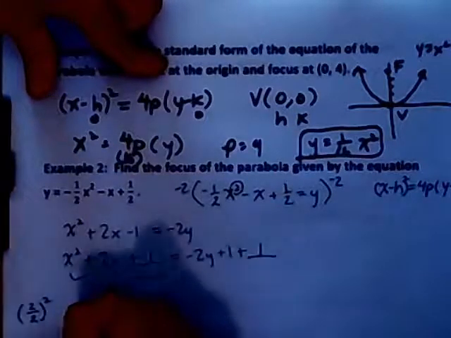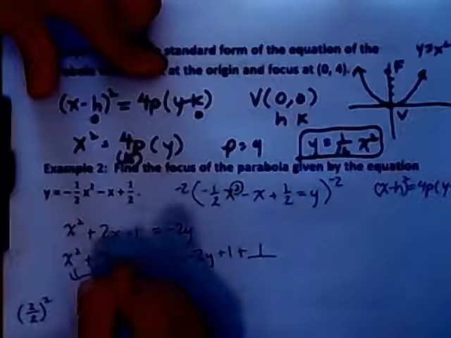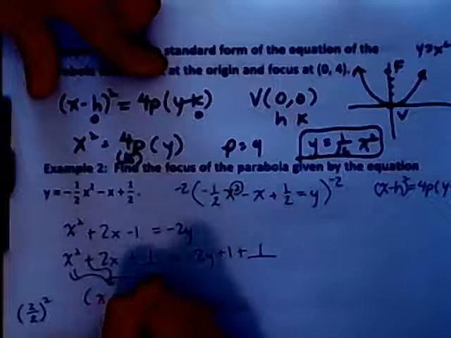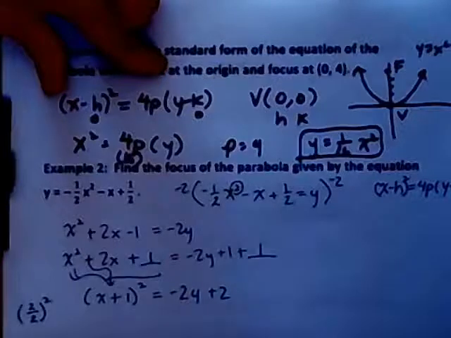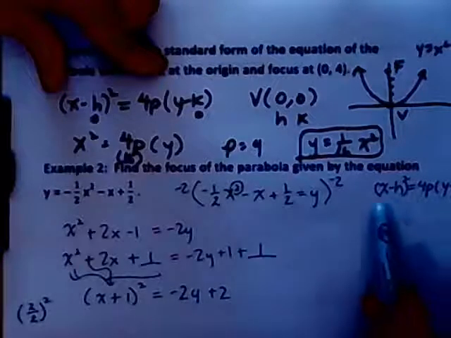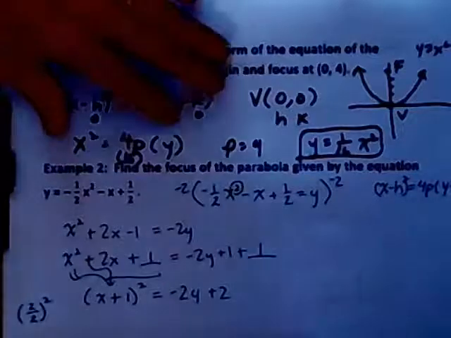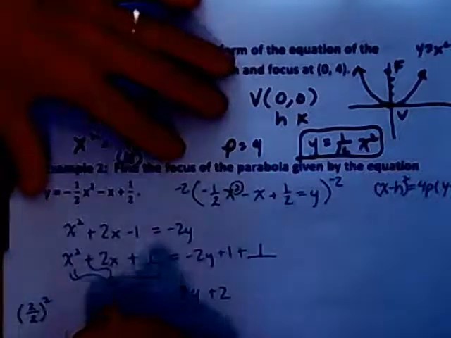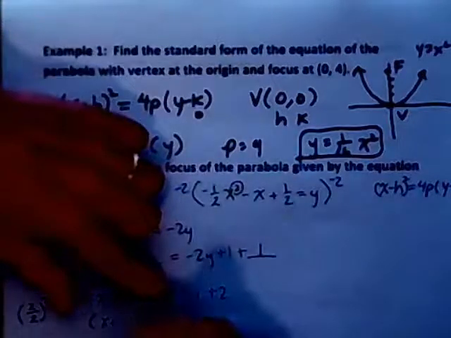Let's factor this out. It becomes x, drop the x, drop the plus, and half of 2 is 1 squared equals negative 2y plus 2. We're almost done. We got it almost in the standard form. So it's going to be x plus 1 quantity squared is equal to, I'm going to factor out the negative 2 here.